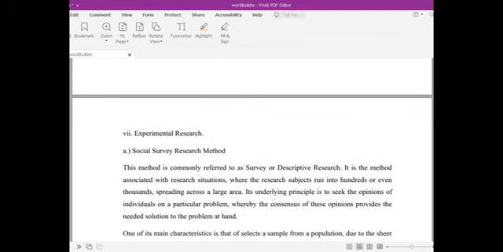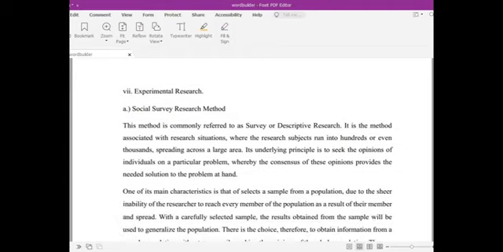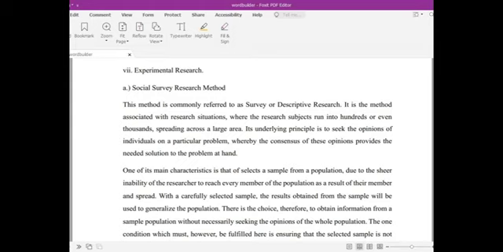This method is commonly referred to as survey or descriptive research. It is the method associated with research situations where the research subjects run into hundreds or even thousands, spreading across a large area. Remember what we said before, you need to get as much data as possible.